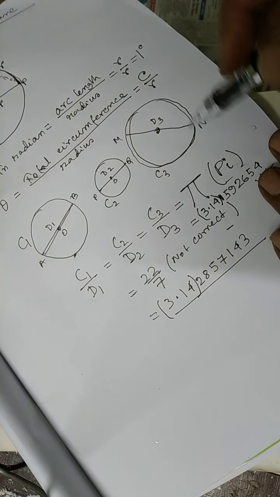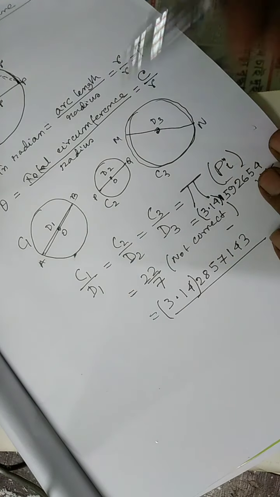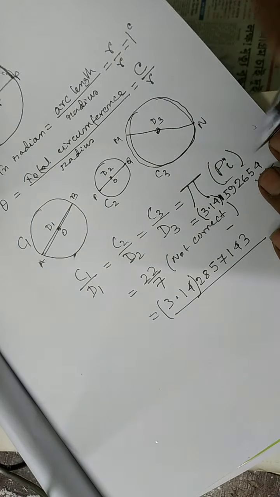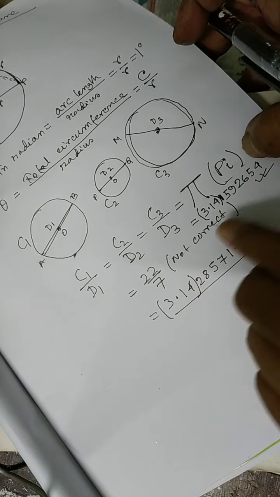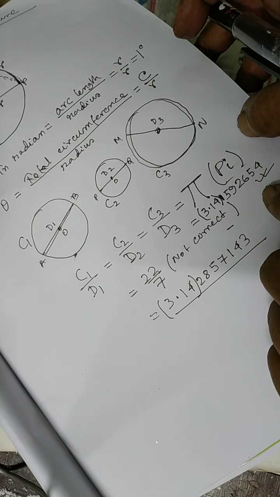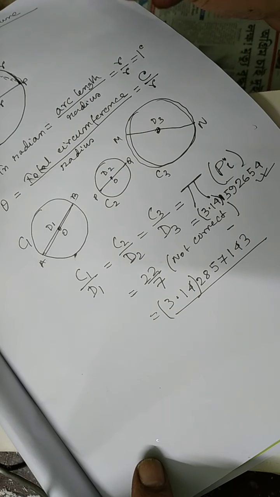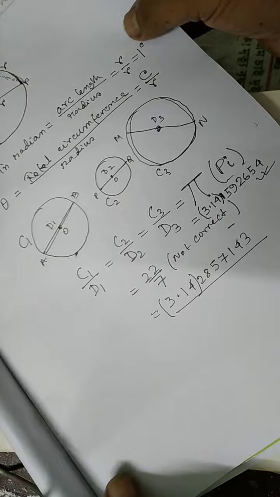So in our general calculation, we can easily use 22 by 7 instead of this type of value. It is always used in normal calculation.